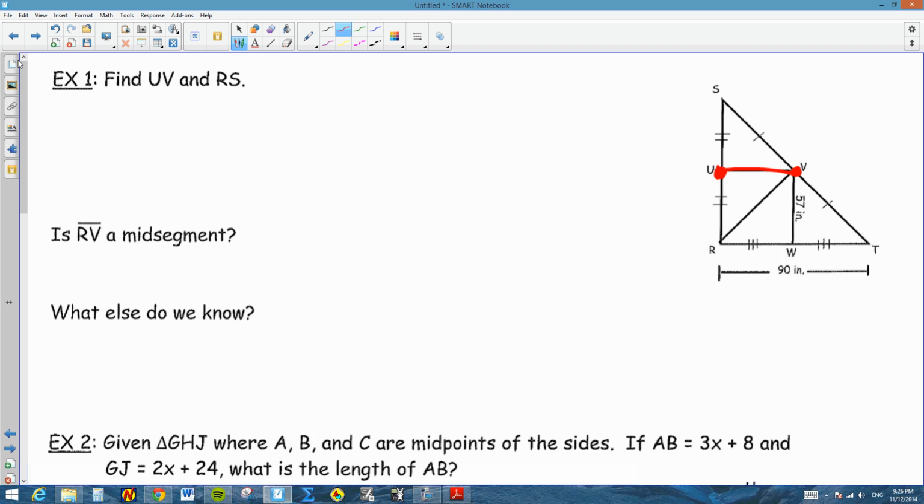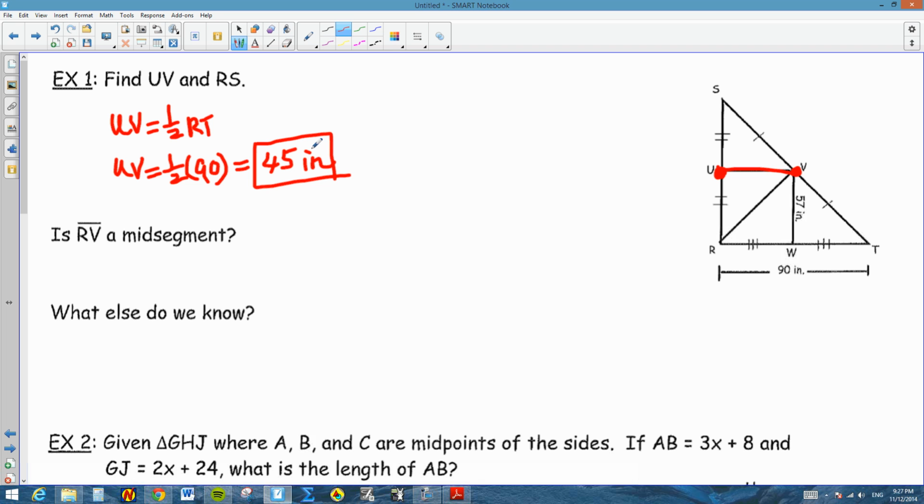So by the midsegment theorem, UV equals 1/2 of RT. Given RT is 90 inches, we plug in 90: UV equals 1/2 of 90, so that is 45. Don't forget the unit. So it's 45 inches for UV.